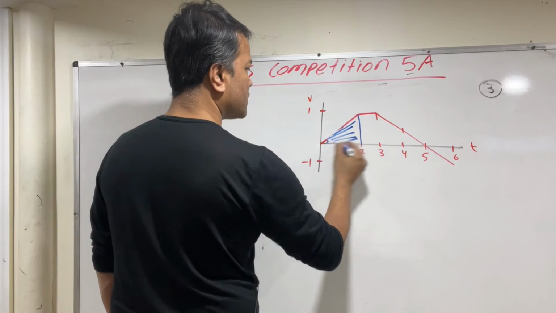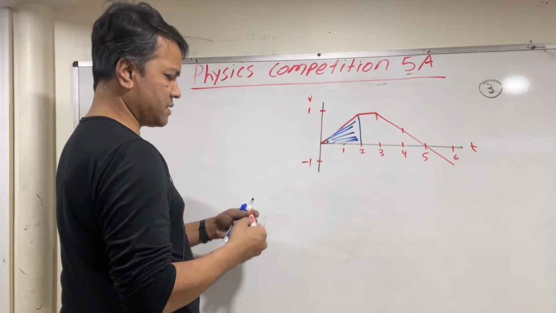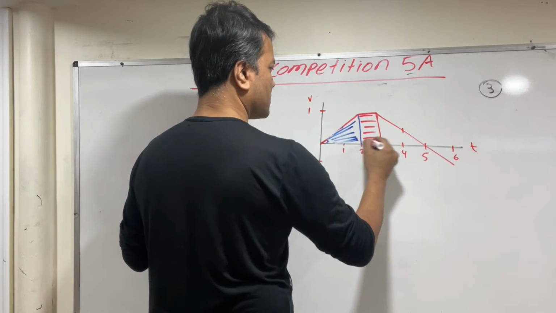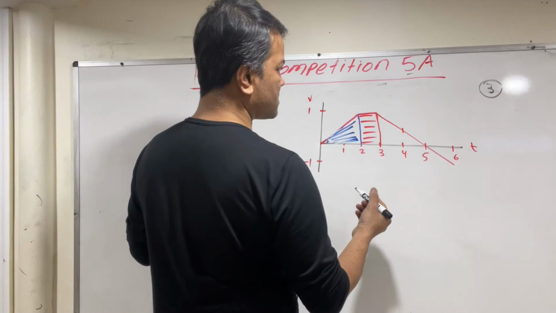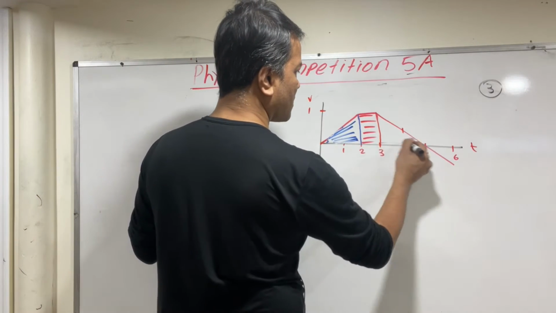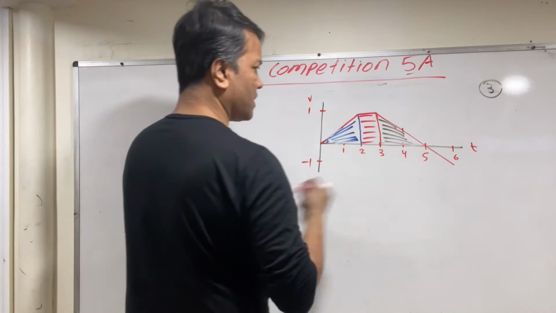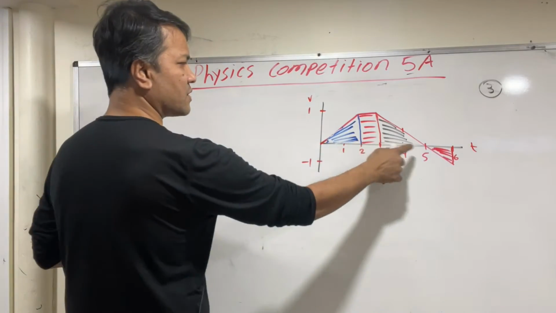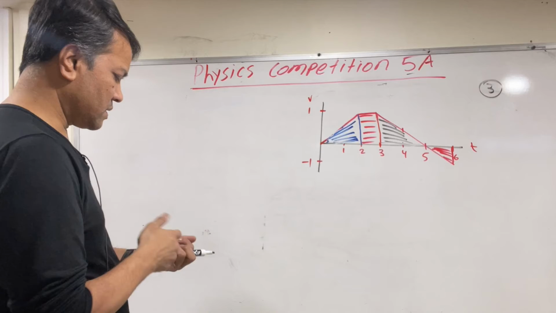So let's divide and conquer. Let's see how many regions I have. This is another region, the blue region, the red region, and then this is probably another region. Okay, and this is probably another region. So how many regions I have now is easier, right? 1, 2, 3, 4. So I'm going to use a different color to do it.